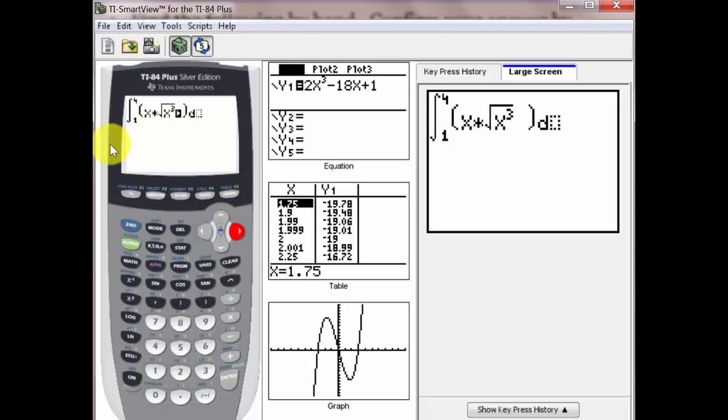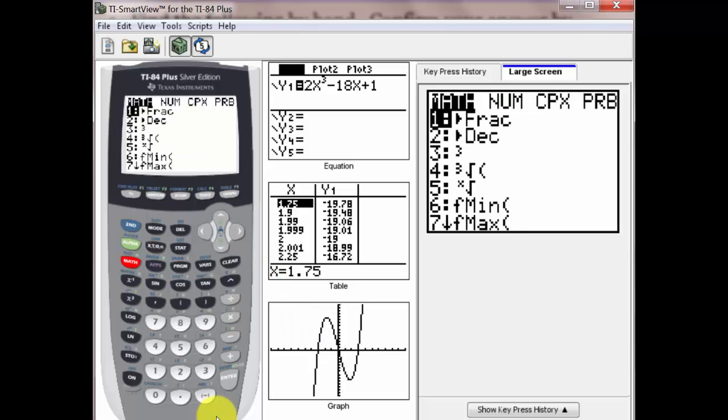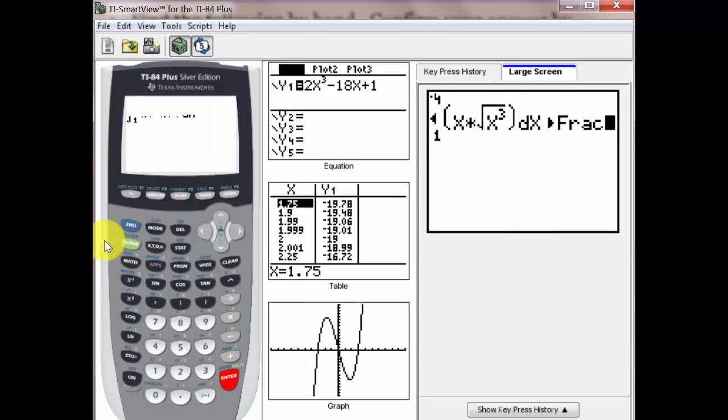Now you need to tell it the variable. What's the variable I'm looking for? We're taking dx. So actually, if your calculator looks like this, it makes your life really easy. Now I gave us the fraction version of that, so I'm going to do math, frac, press enter, and that's what we got when we did it in the video.